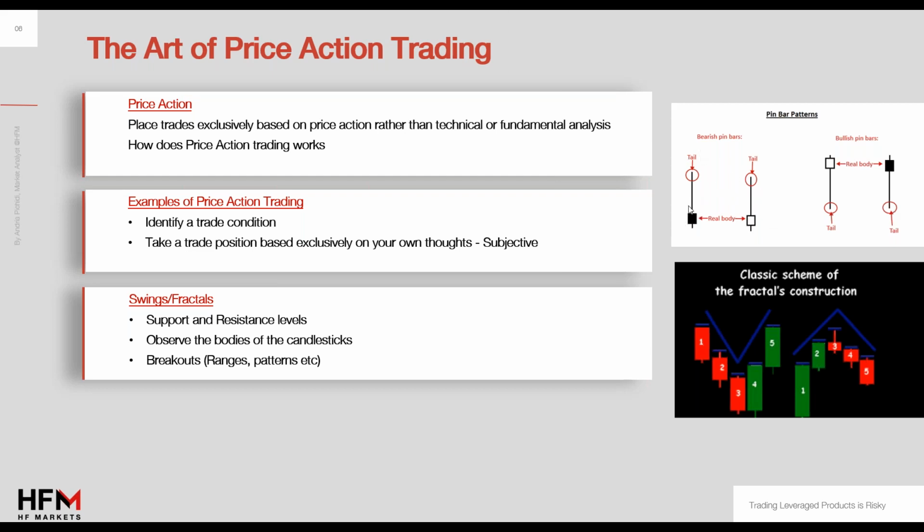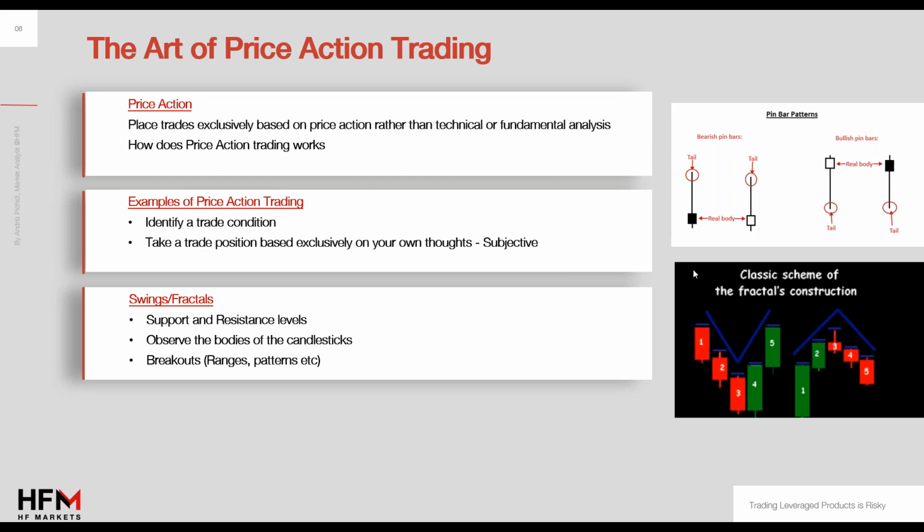Tail, we are referring to the line, how far up or how far low the price went before closing, and the body is just the difference between the open price and the close price, while the tail is the difference between the high and the low.